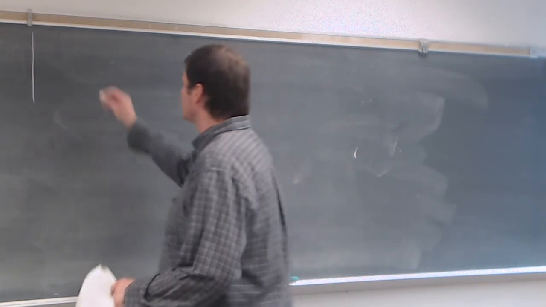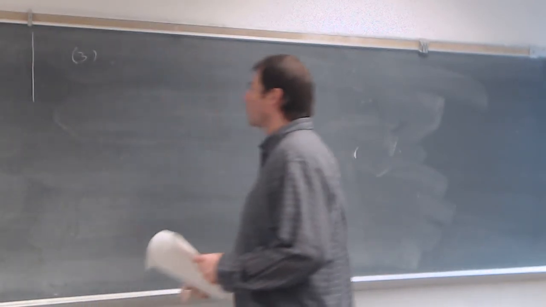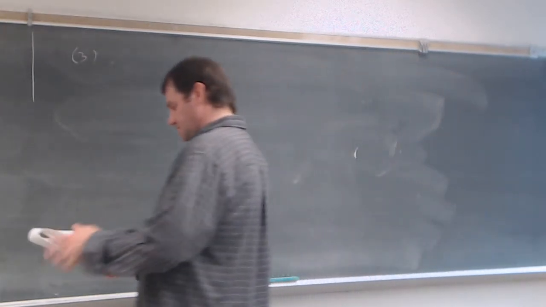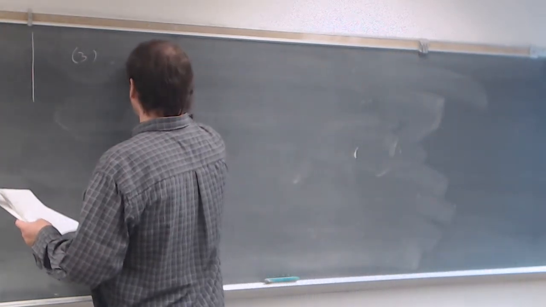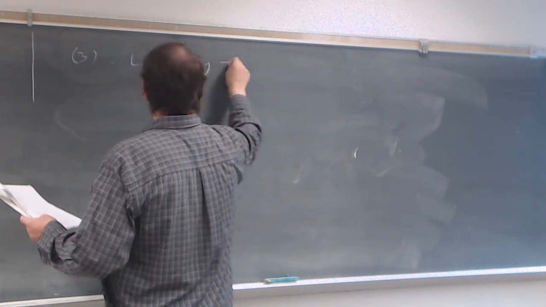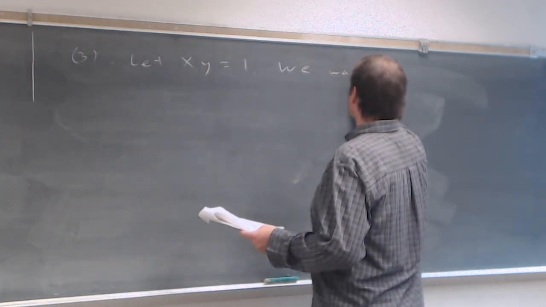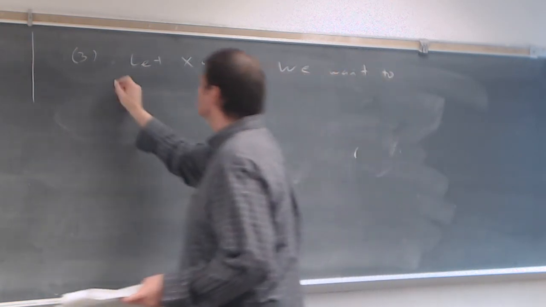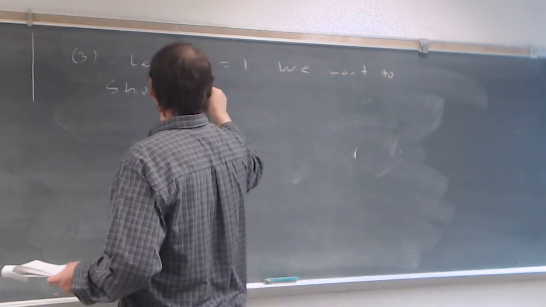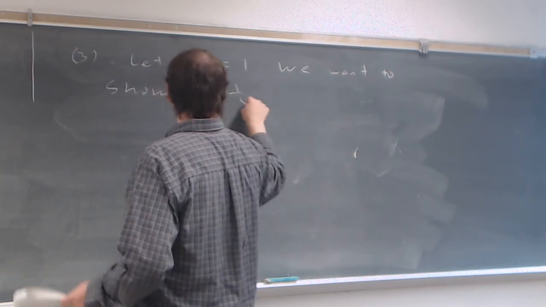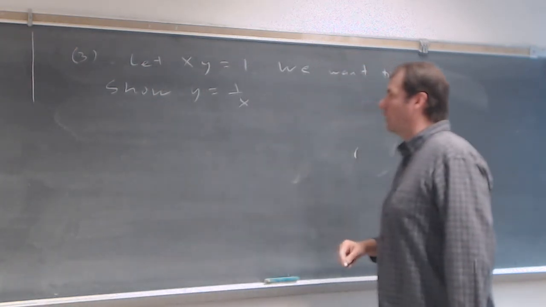Next thing we're going to do is prove part 3. And so for part 3, what we had was we're going to let x times y equal to 1. We want to show that y equals to 1 over x. Again, this is going to use part 1.